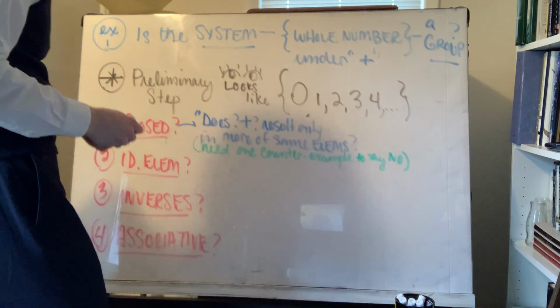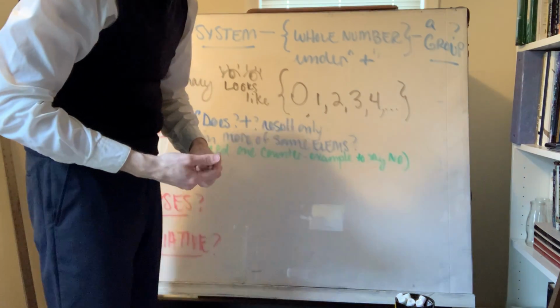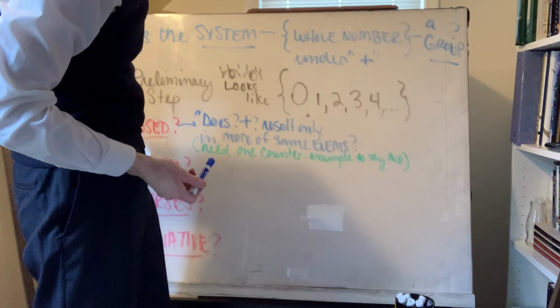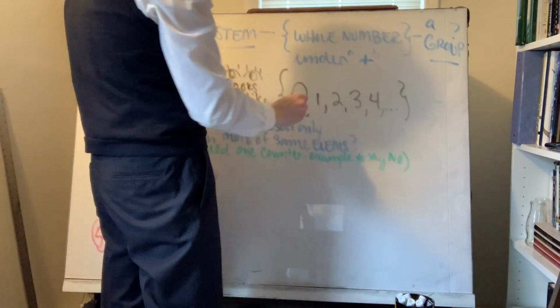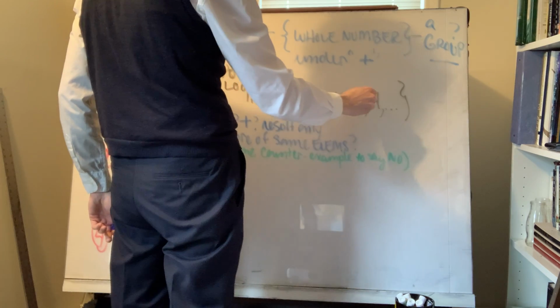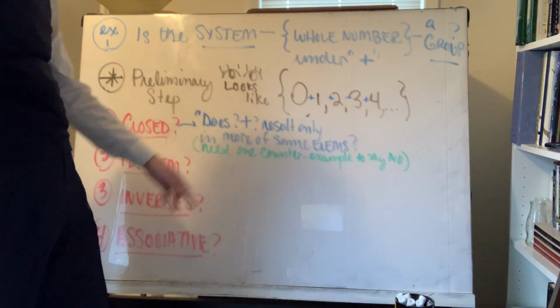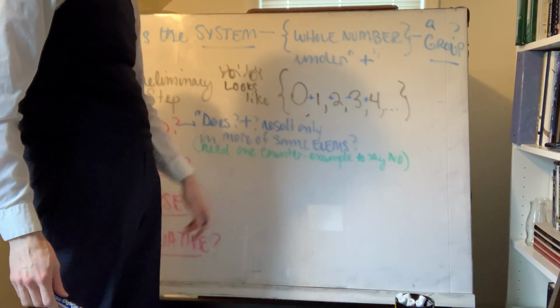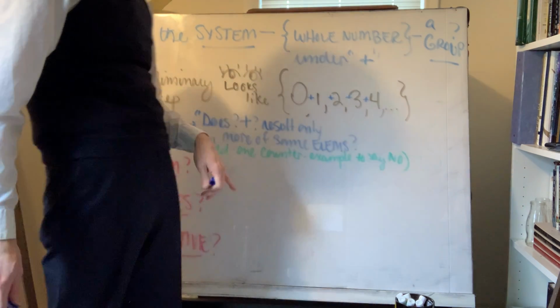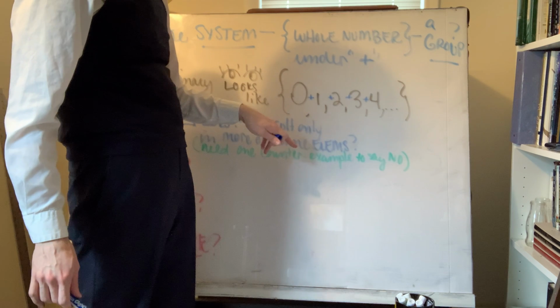So if you added 0 to anything, you would end up with those things. We know from talking about identity elements, which is another step here, that it wouldn't change anything.